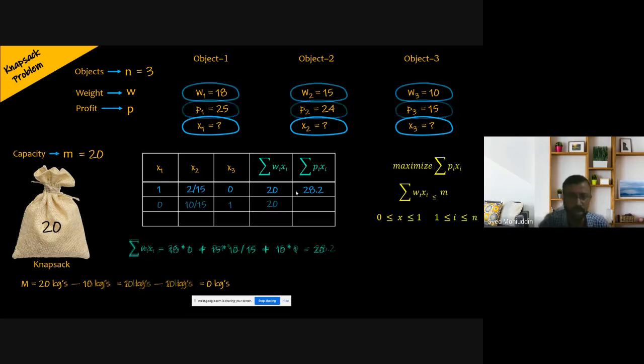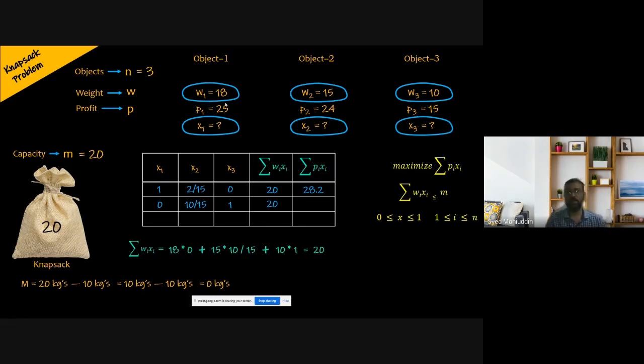Now, let us look at another scenario of filling the knapsack with the object which has maximum profit. So again, object 1 has maximum profit. So we will start filling up with the maximum profit.